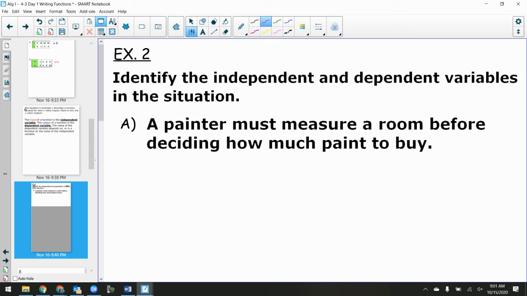You have to think about, okay, the independent variable is the thing that should change. It's independent, right? It doesn't depend on anything else, right? So therefore, the independent is going to be the measure of the room. The dependent is going to be the amount of paint.